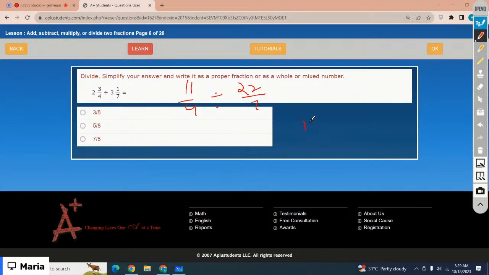Let's replace the division sign with multiplication. That would be 7 over 22. 11 times 1 is 11, 11 times 2 is 22. So that would be 7 times 1 is 7 and 4 times 2 is 8. The correct option is 7 over 8.